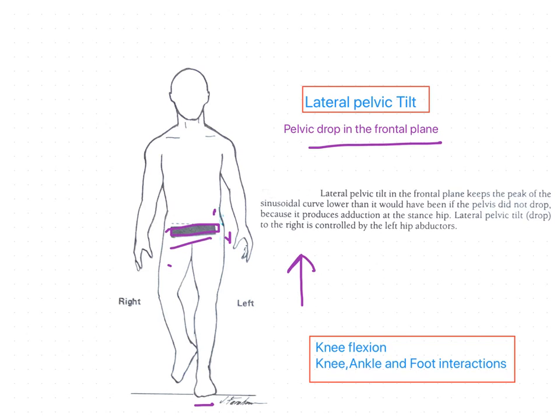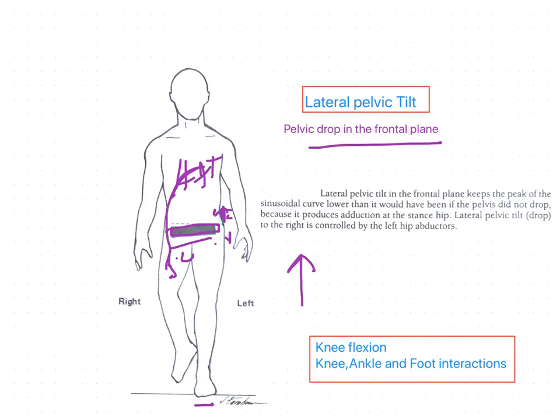In the previous session we saw that normally the COG shifts upwards to balance the HAT and the swinging limb. All these together are going to balance on this point.